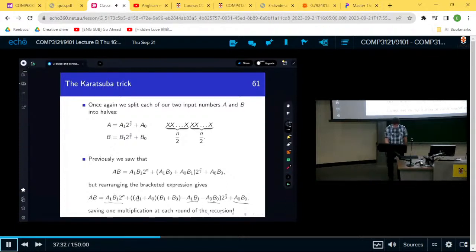So let's try and figure out what this expression is. A1 plus A0 times B1 plus B0. This is equal to A1, B1 plus A1, B0 plus A0, B1 plus A0, B0.